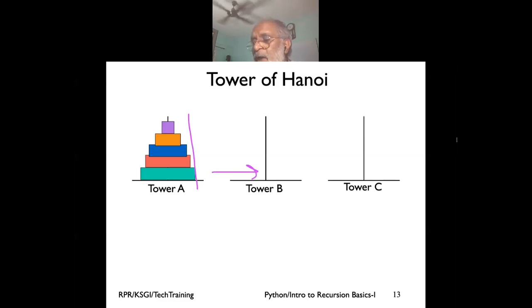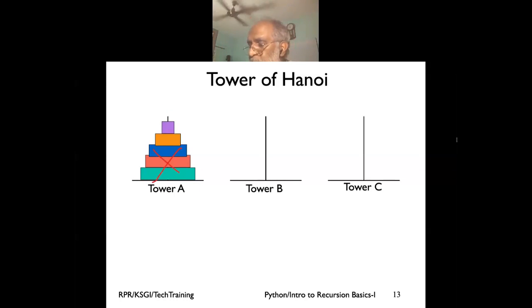As I showed you, let's say I had only 2 disks to move, assuming there are only 2 disks and not 5 disks. How would I move?